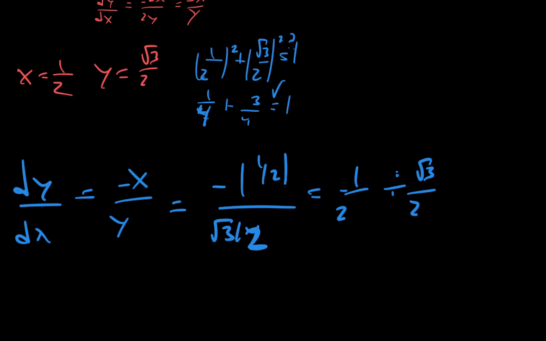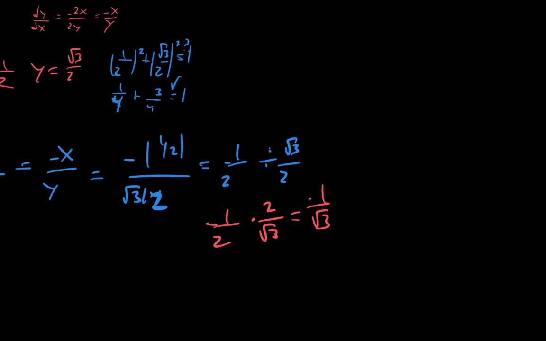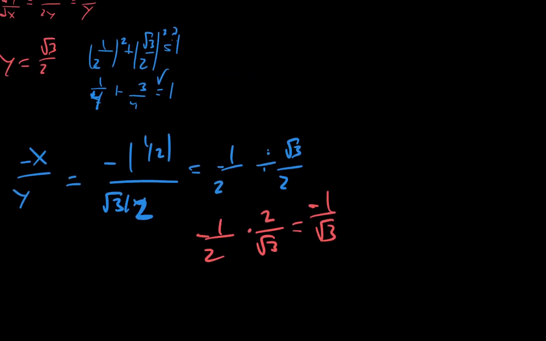And we can turn that into a multiplication of the reciprocal. Minus 1 over root 3, and we don't like it like that, so we multiply by 1. And that's our slope at that point.